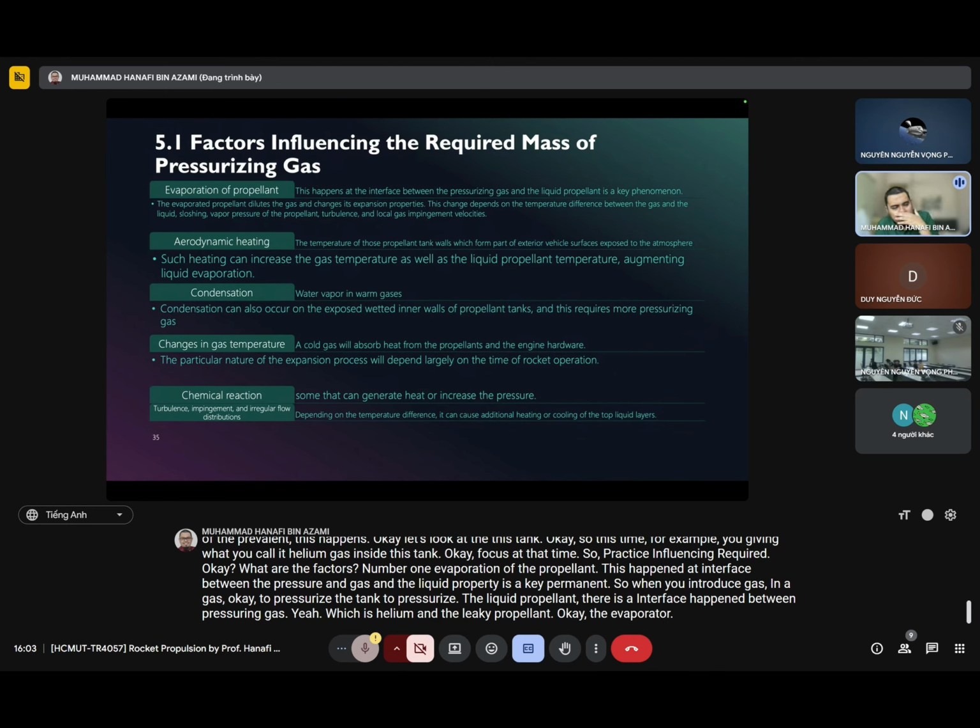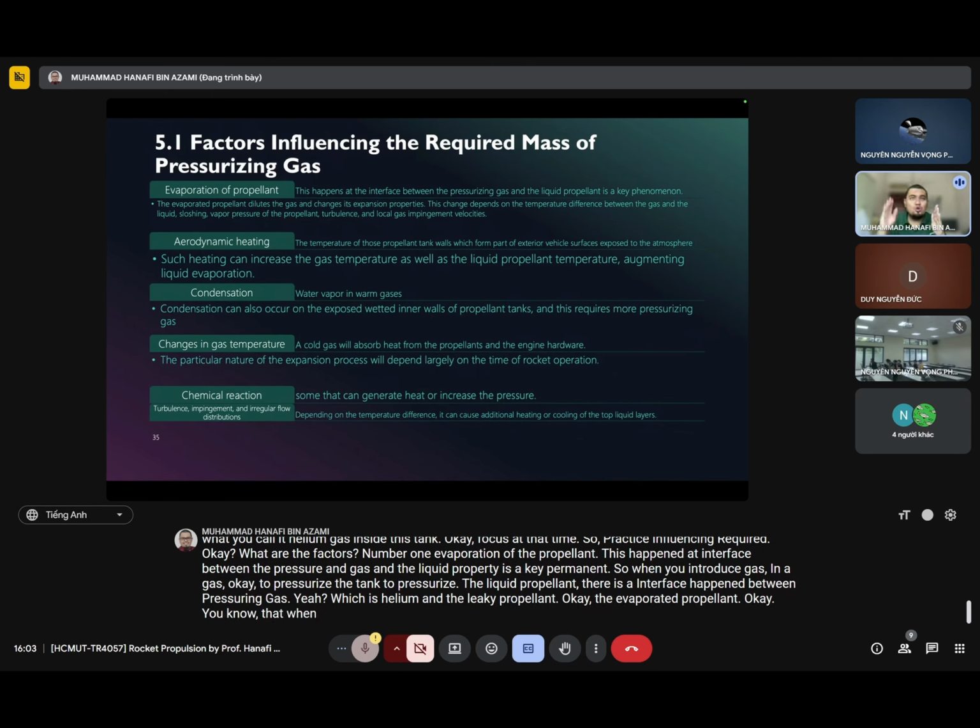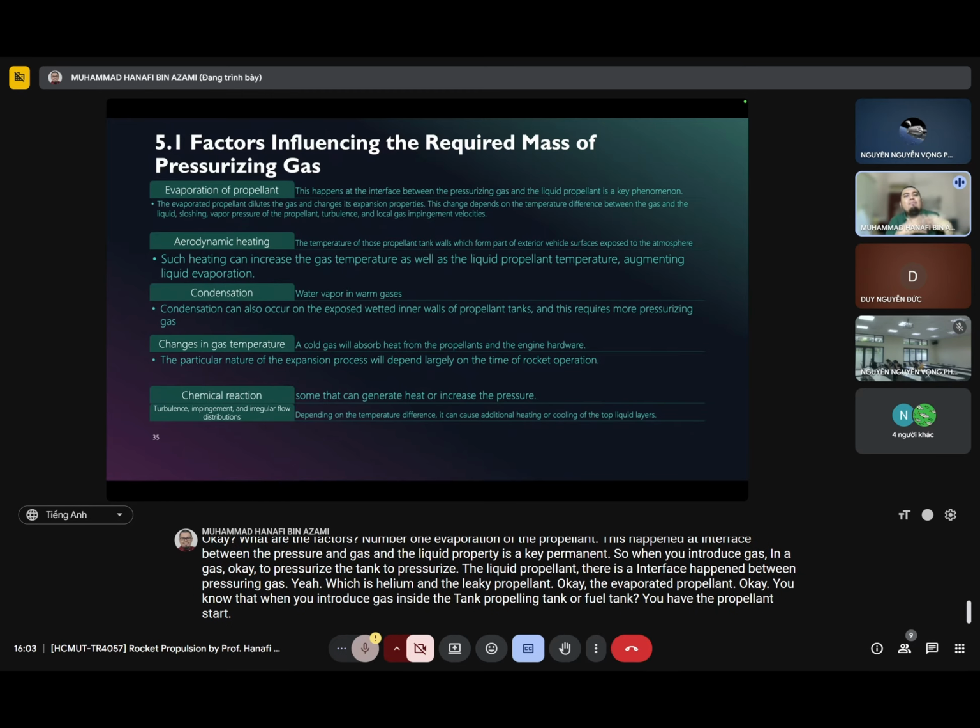Okay, the evaporated propellant. You know that when you introduce gas inside the propellant tank or fuel tank, the propellant starts to evaporate, because of pressure changes.